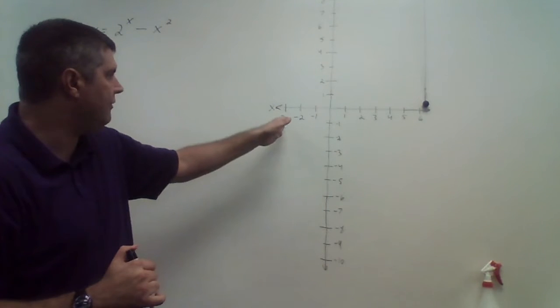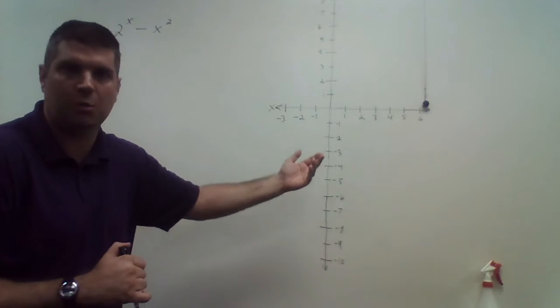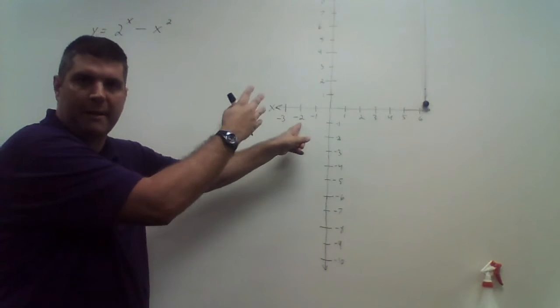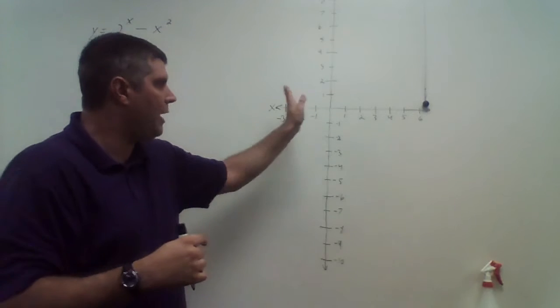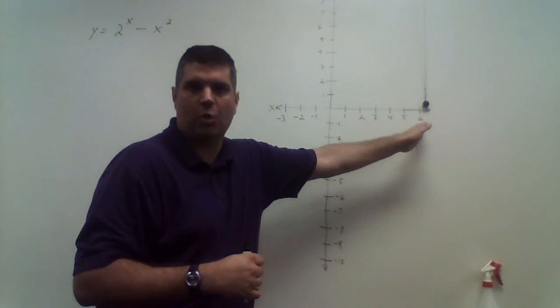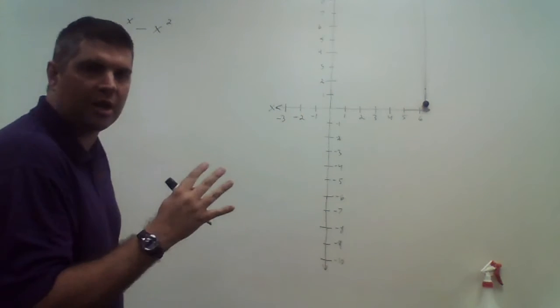So start with -3, plug it in, get a matching y. Do the same thing for -2. Plug it in, get a matching y. Do it all the way up until you get to the last integer value on your x-axis. So here goes.